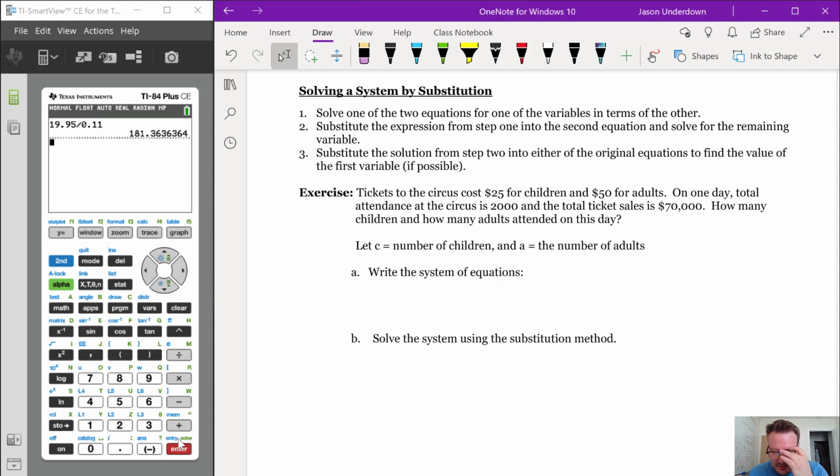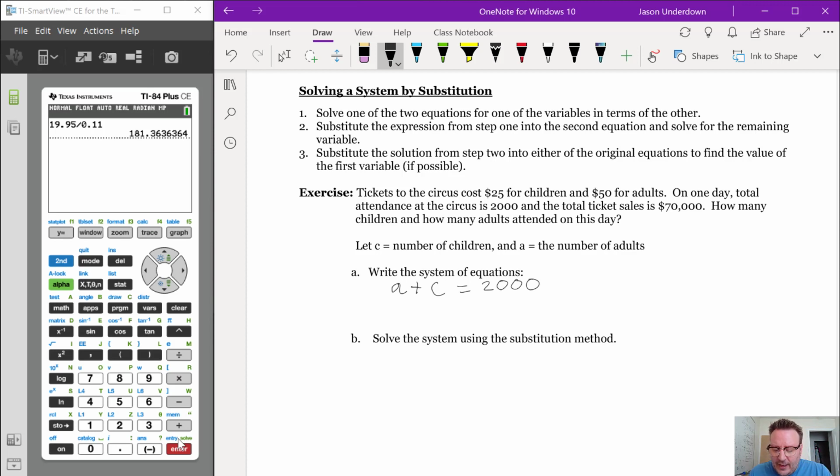The simplest one I see is that we know how many people attended the circus that day, and it was 2,000. So that's the sum of the number of children and the number of adults. I'll put the variables in alphabetical order, so A plus C has to equal 2,000 because there were 2,000 total in attendance that day.